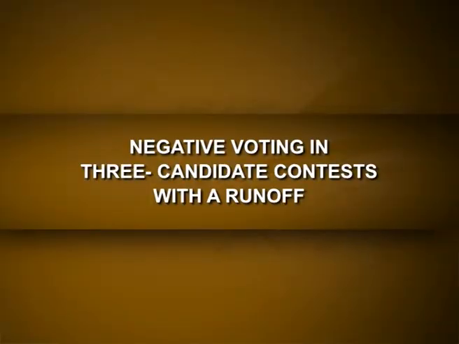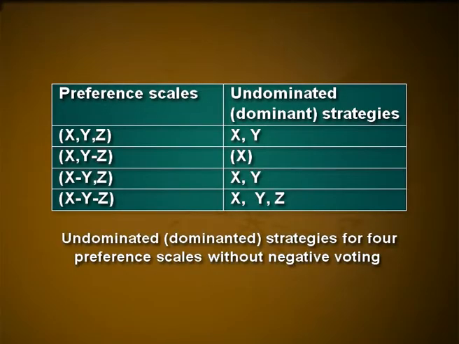Negative voting in 3 candidate contests with a runoff. For the purpose of comparing negative voting in a single plurality contest with voting in a plurality contest followed by a runoff, assume that a voter cannot cast a negative vote in the plurality contest. Then the undominated or dominant strategies for the 4 preference scales given in table 3 are shown in table 4.